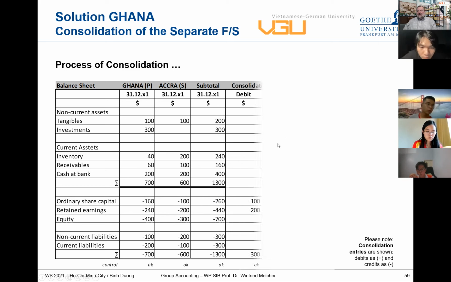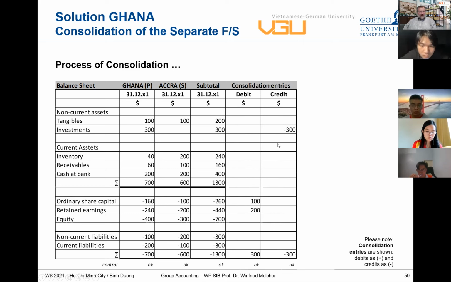So basically what you do is you have some consolidation entries. You will credit the investment by 300 and then debit the ordinary share capital of the subsidiary, which is 100, and then debit retained earnings of 200.